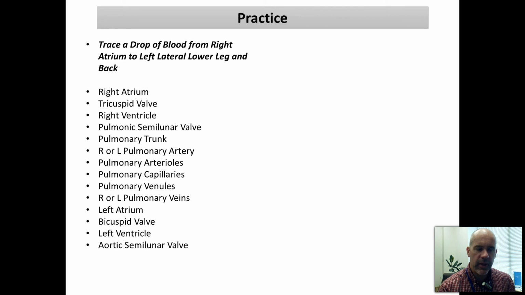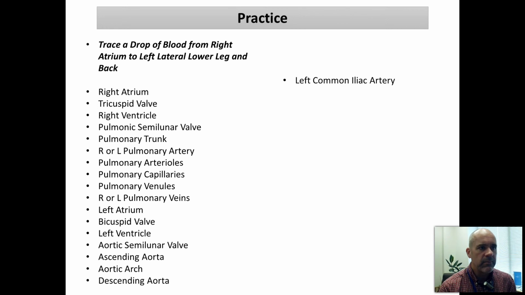We're passing our aortic semilunar valve, ascending aorta, aortic arch, descending aorta. And you can continue to call it the descending aorta as it passes through the entire abdominopelvic cavity. We're going to the left, so it's going to take the left common iliac artery as an exit. That becomes the left external iliac artery.